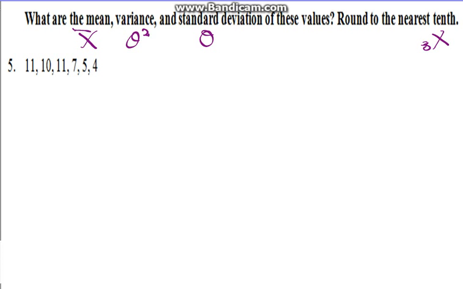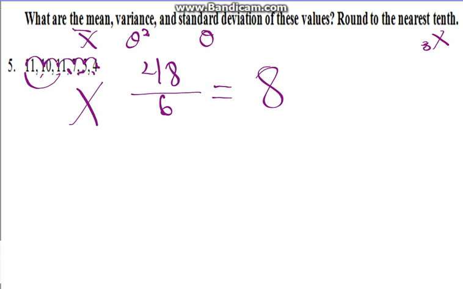So when you add 11, 11, that's 22 plus 10, that's 32, plus 7 is 39, plus 5 more is 44, plus 4 more is 48. So we have 48 divided by how many items? 1, 2, 3, 4, 5, 6. So our mean is equal to 8.